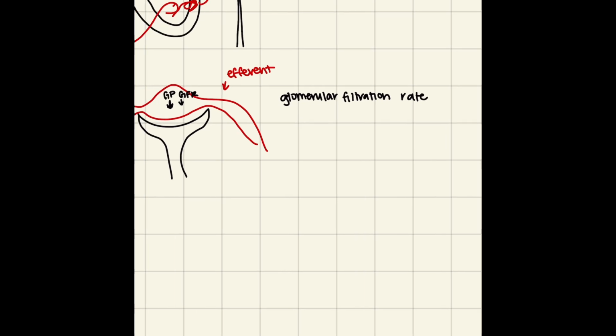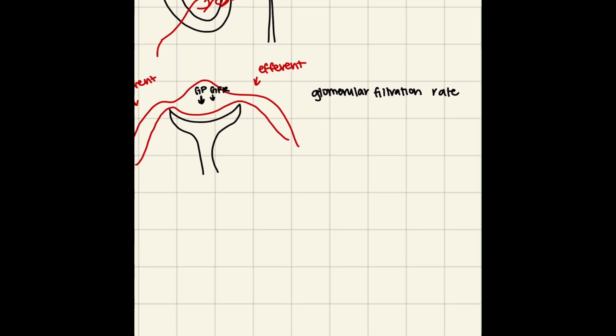So we're going to increase the amount of stuff that gets through the membrane, or the amount of stuff that's filtered. We actually call it the hydrostatic pressure of the glomerular capsule, but I'm just going to call it glomerular pressure because it's easier.